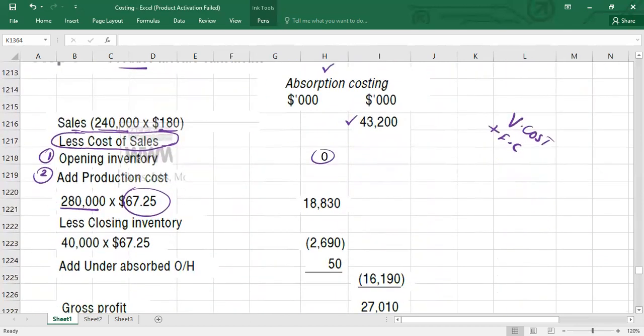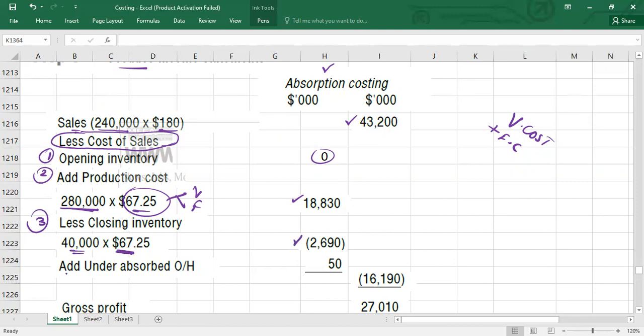So simply you will take units produced times product cost, because it already includes both variable and fixed. So you will get the production cost. Less, you have to subtract closing inventory value. So you need the unsold units, which was 40,000, which we did above. Times product cost again. So this will give you closing inventory value.